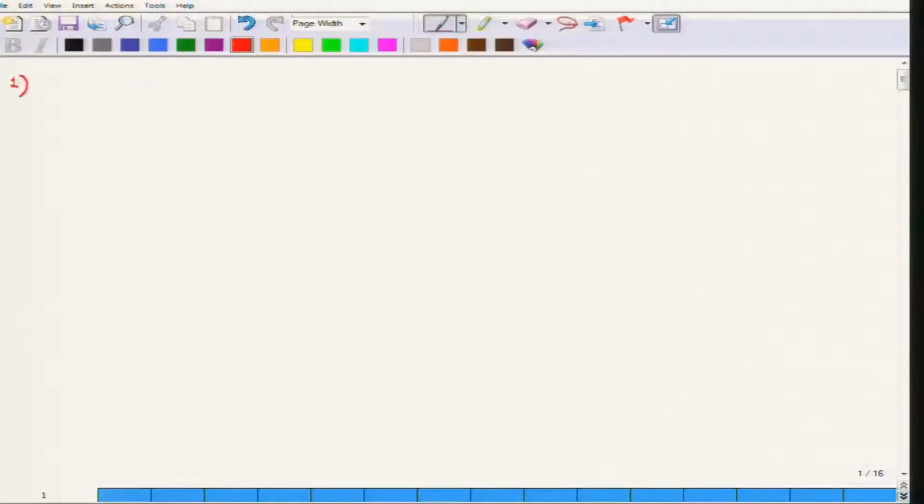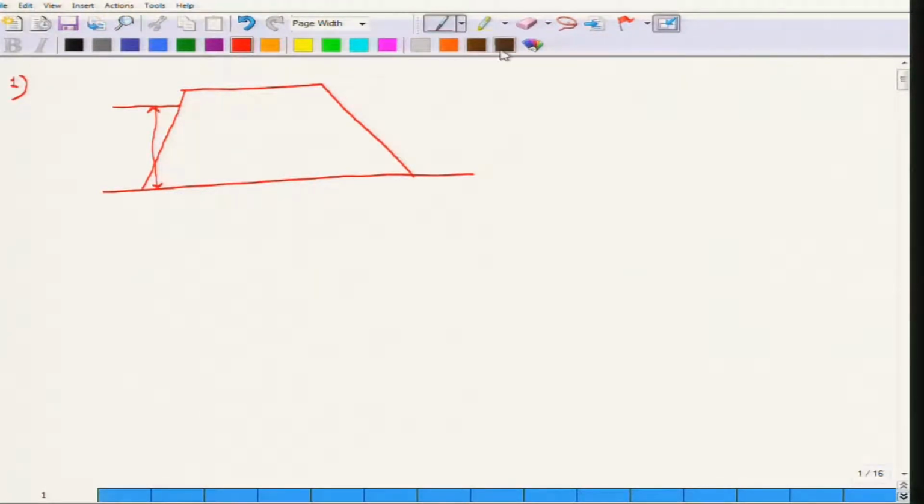So let us start with the first problem, which says that a dam is given to us, where basically the water at the upstream level is at a height of 32.81 feet. And the water on the downstream level is at 0.